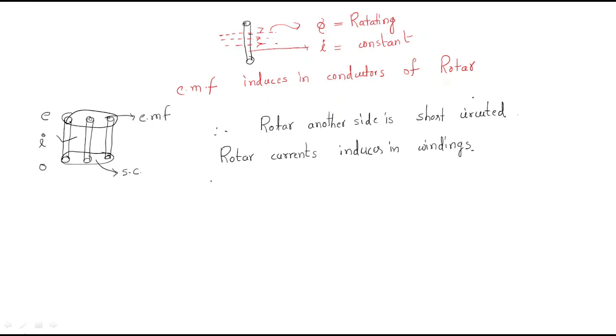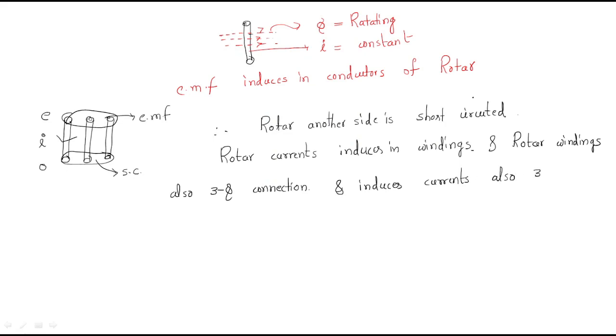So the rotor windings also have a three-phase connection, and the induced currents are also three-phase currents. Why? Because the supply is three-phase. Therefore in the rotor, the rotor currents are three-phase and the rotor windings are also three-phase.